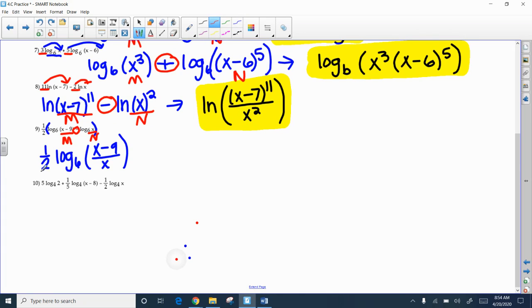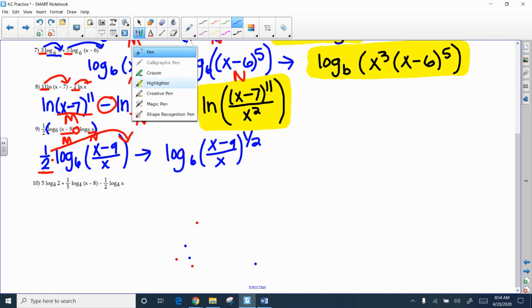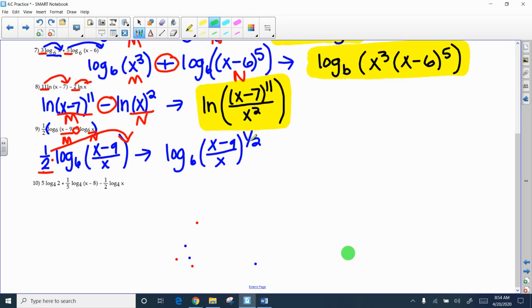Now I have to deal with the half. This half is a constant that's multiplied in the front, so now this half can move to the exponent. It'll look like this: log base 6 of x minus 9 over x to the half power. Now, one other thing, which doesn't use any of the properties but does use our knowledge of exponents.